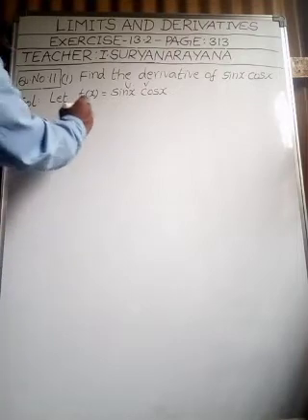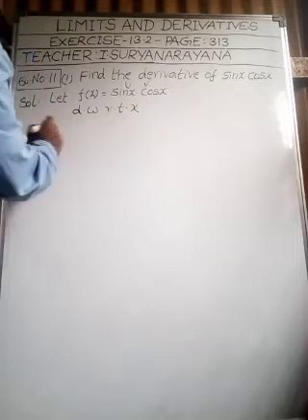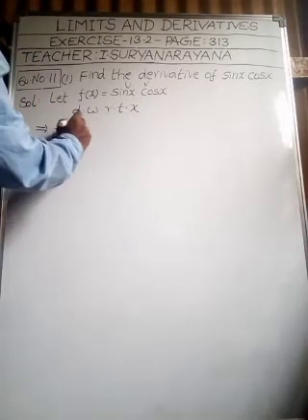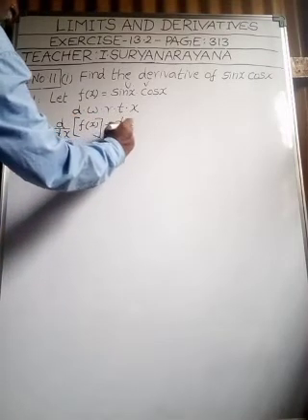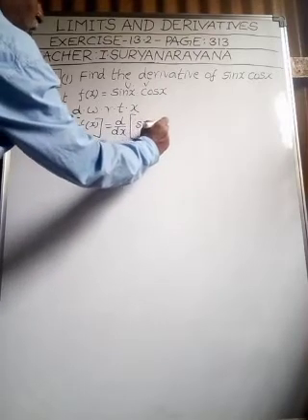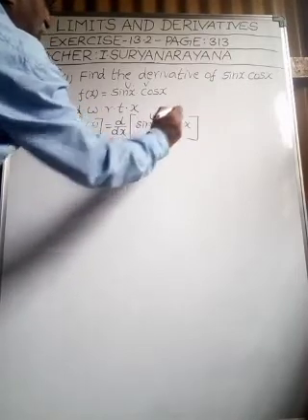Okay, my dear children, you have to bring back the product rule into your mind. So, differentiating with respect to x. What is the differential operator? d by dx. d by dx of f of x is equal to d by dx of sin x into cos x. This is u and this is v.